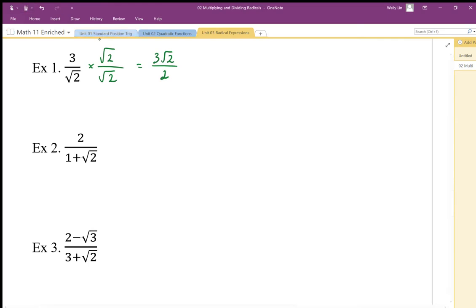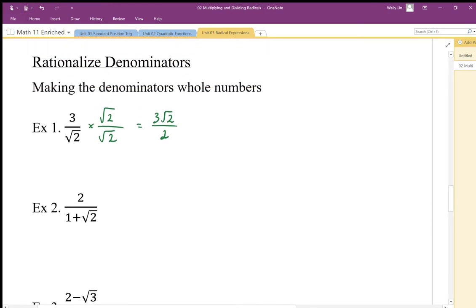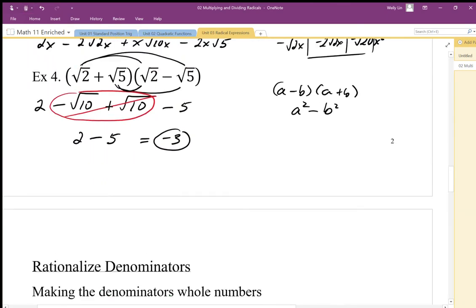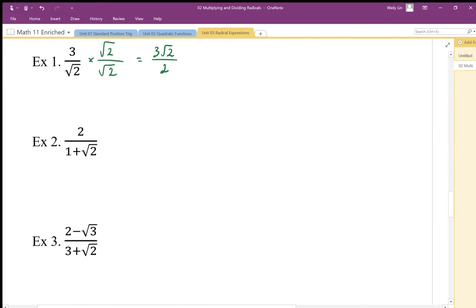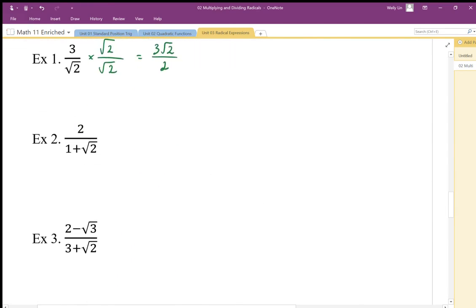This strategy involves what we had just talked about of using a conjugate. When I have a binomial radical, the conjugate allows me to get rid of the square root by having a squared term. So I'm going to multiply this by its conjugate.